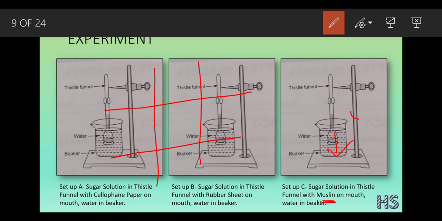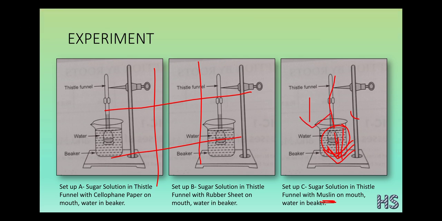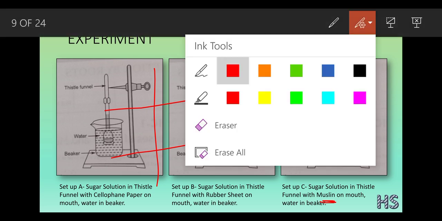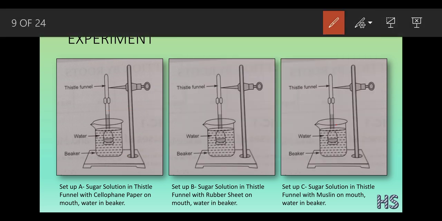That is why the solution inside the thistle funnel decreased, because the sugar molecules present inside this part got into this beaker, and because of this there was a fall in the thistle funnel. As the pores were big, the sugar molecules moved out of the thistle funnel into the beaker. So that is why there was a fall in the level of the thistle funnel.